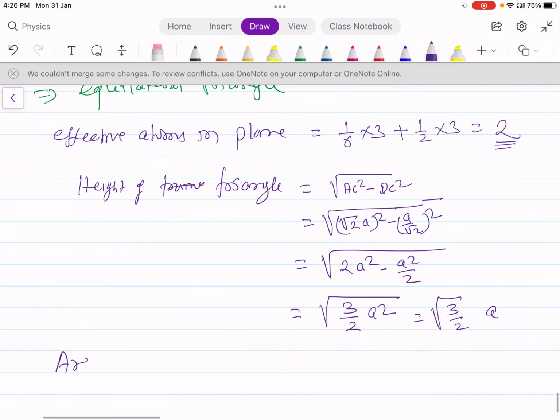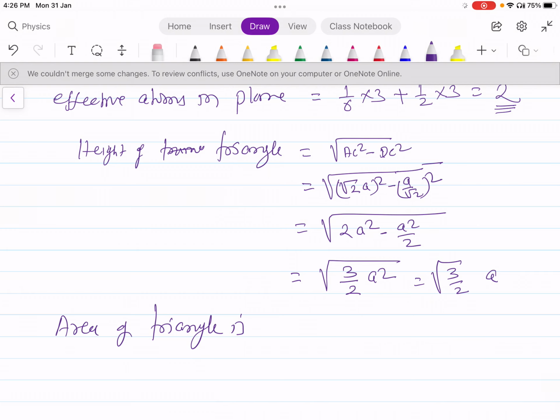And so the area of the triangle equals half into side of the triangle into height.